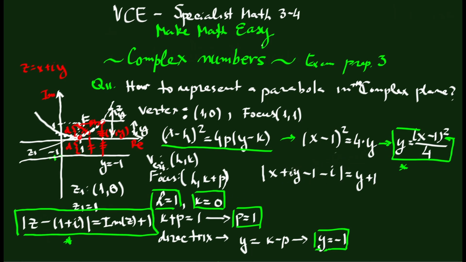So if we group like terms, that and that, and x and y, we get the absolute value x minus 1. And then we isolate i, and we get y here, and i minus 1. Absolute value of that equals y plus 1.